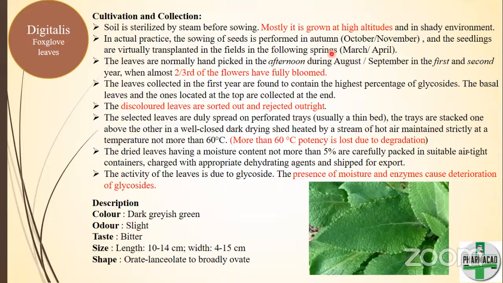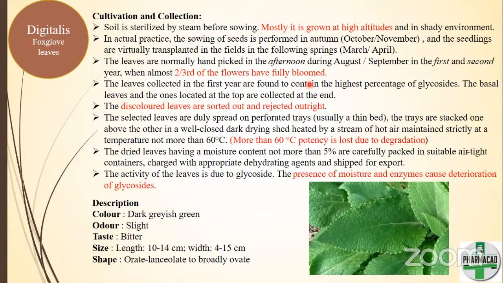And in actual practice, the sowing of seeds is performed in autumn, that is October to November, and seedlings are transplanted in the fields in the following spring, that is March and April. Generally, the leaves are normally handpicked in the afternoon during August, September, in the first and second year, when almost two-thirds of the flowers have blown.